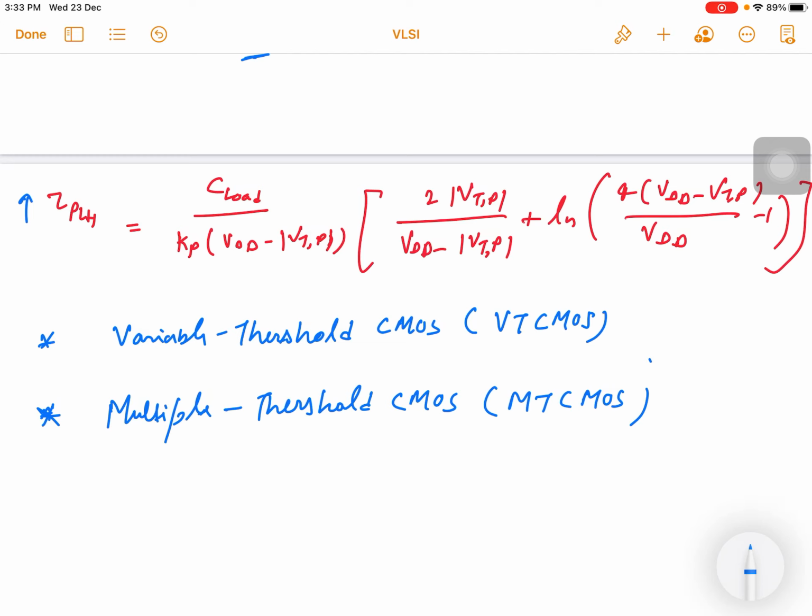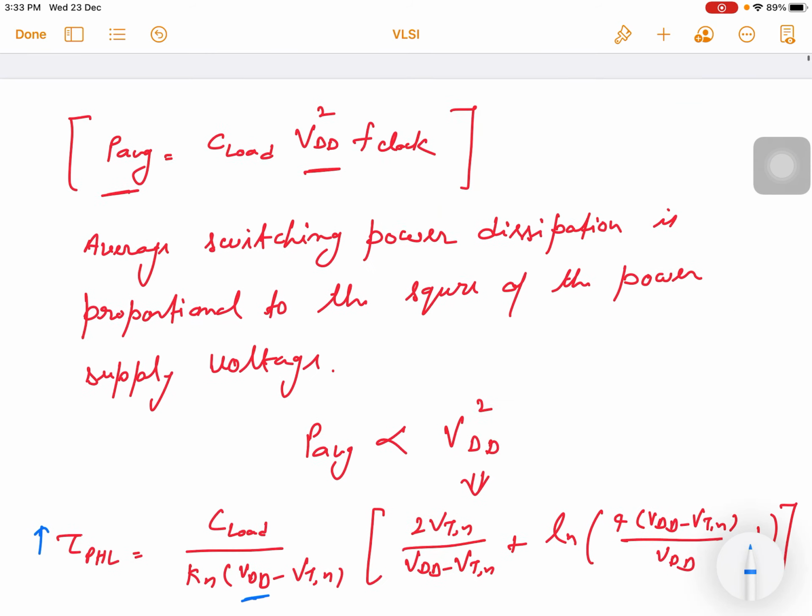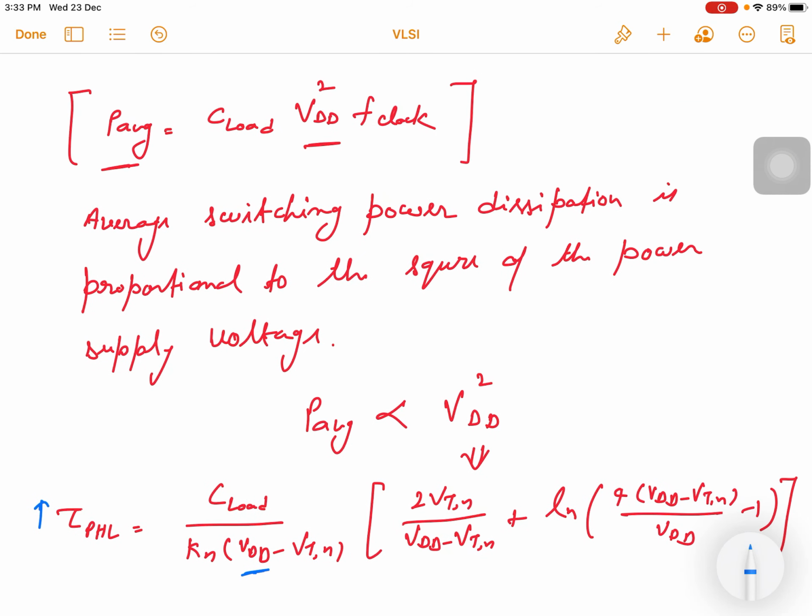So this is another solution in the case where leakage and high standby power dissipation are going on. With the help of these two we can control this dissipation. So this is all about how we are going to reduce the power. The main formula is this one.